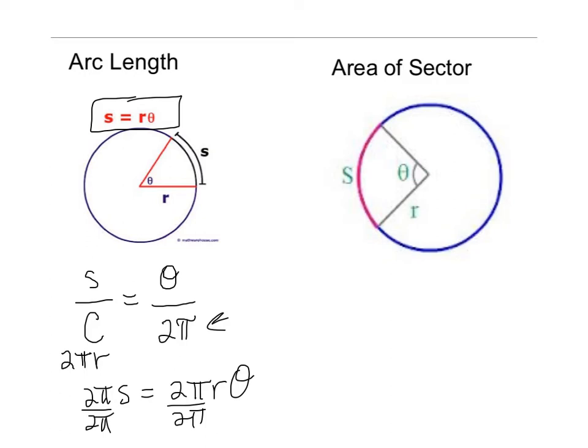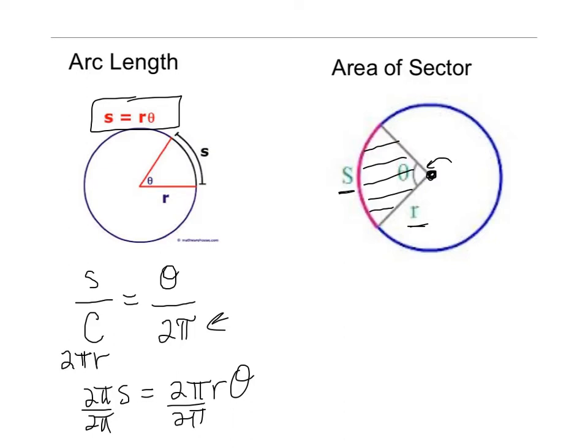Okay, to find the area of a sector, the area of a sector is this pi piece right here. Theta is a central angle, meaning that the vertex of that angle is on the center of the circle. S is the arc length, and r is the radius of the circle. So once again, if you're going to find the area of a sector, you're going to set up a proportion.